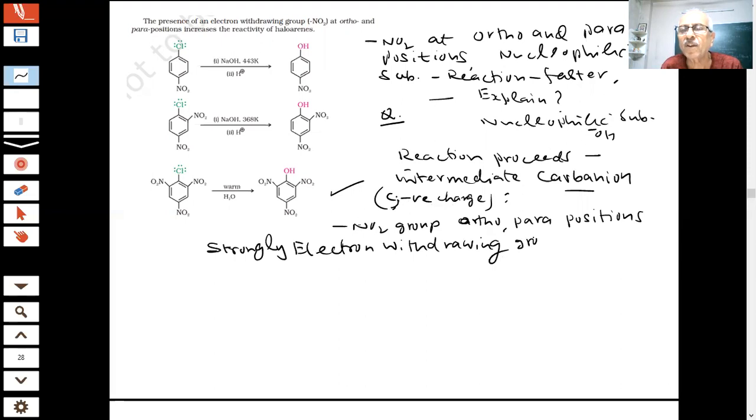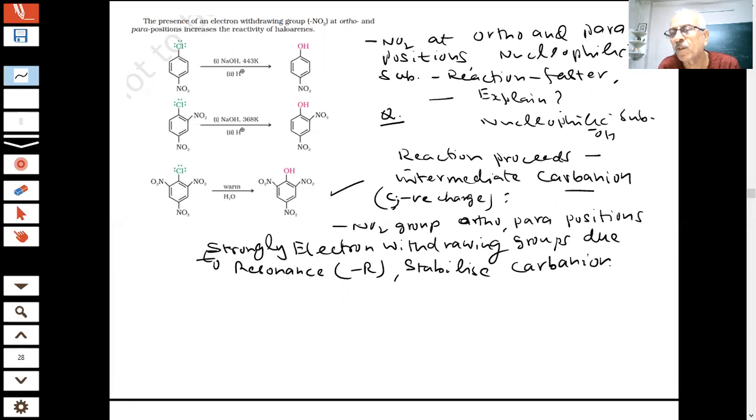Strongly electron withdrawing groups due to resonance. Which effect is this? Minus R. They withdraw the electrons through resonance. Therefore, they stabilize the carbanion, because if you withdraw the negative charge, it becomes more stable.